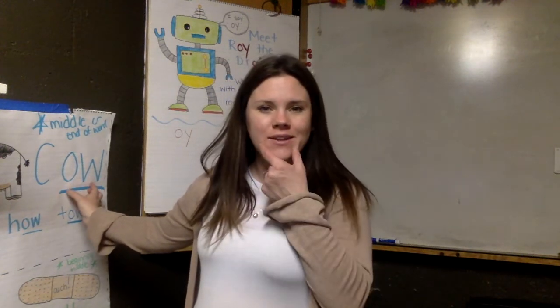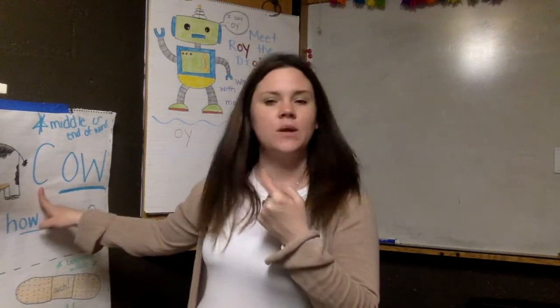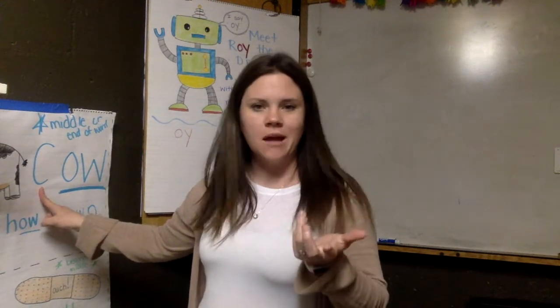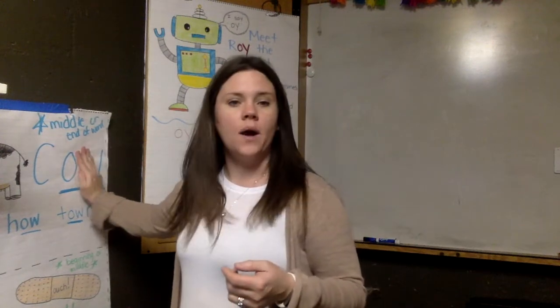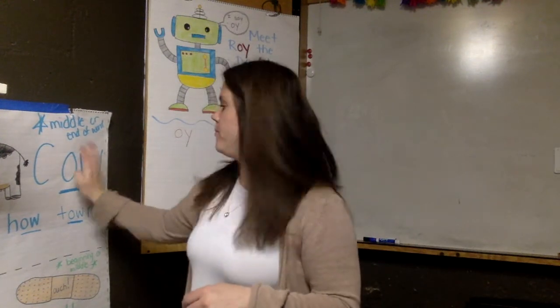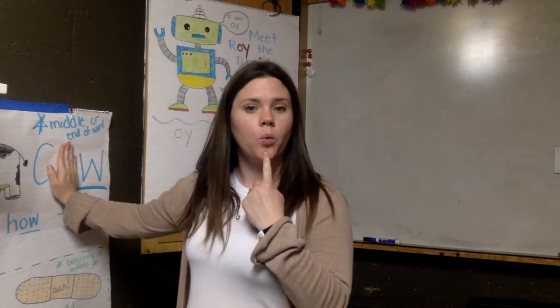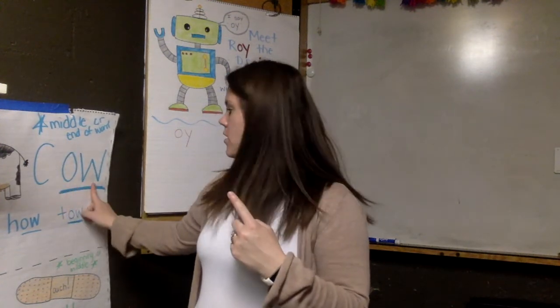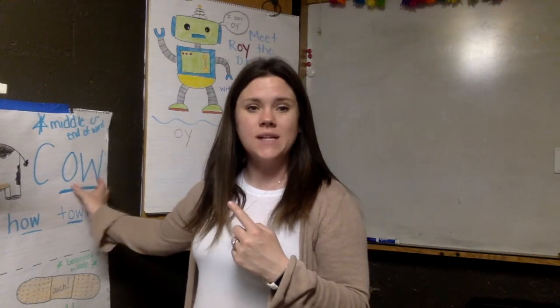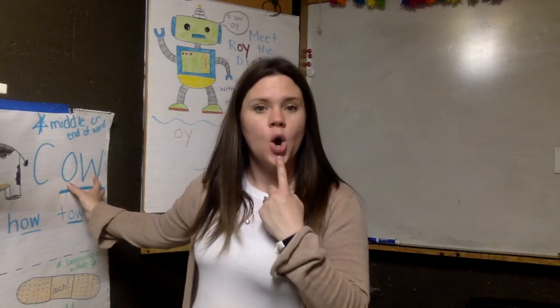It's all one sound, but my mouth is moving. The k is not moving. O on its own would say ah. W on its own would say woo. But together, they're acting as a diphthong, and it's one sound, but a moving sound.